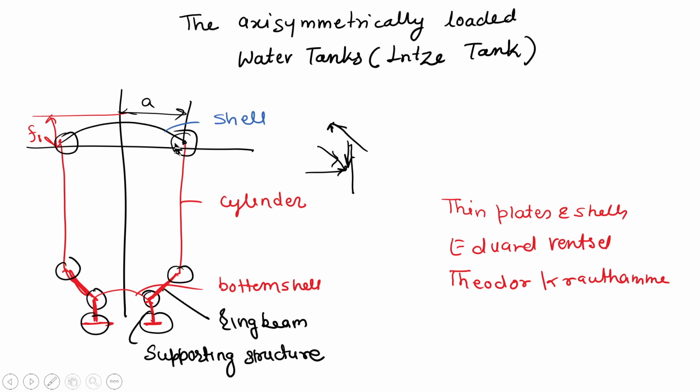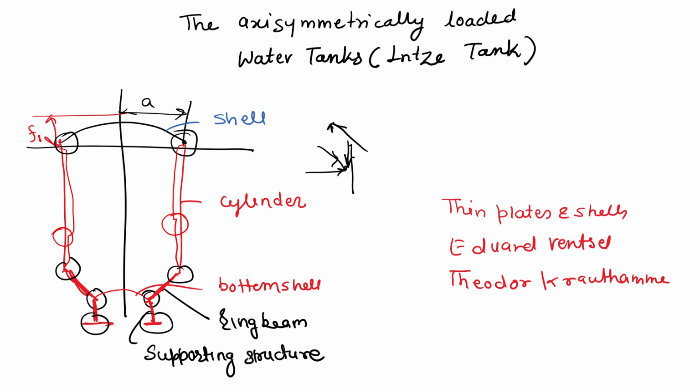But at the joints the solutions will not be valid, because of the curvature change. So, stresses and moments may be generated at the curvature change point, or if the thickness of the shell is changing, let us say this thickness and here is a small thickness like that, then also here.